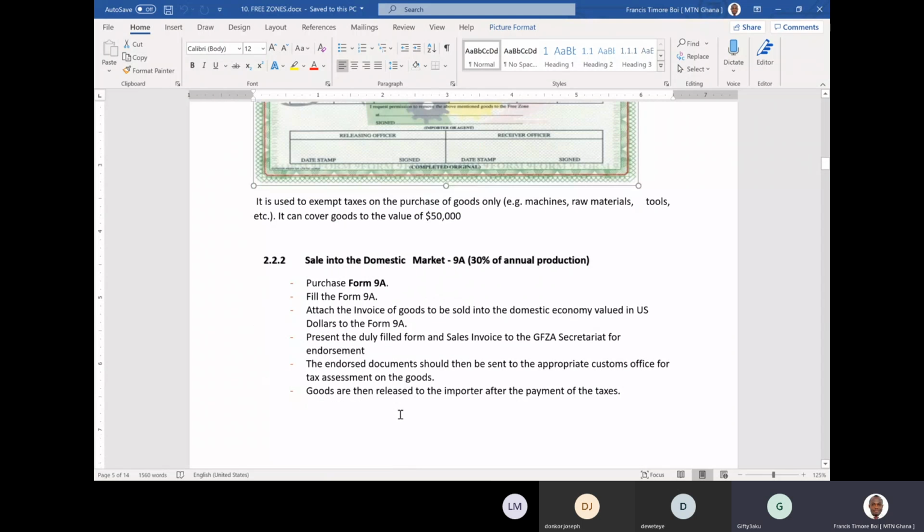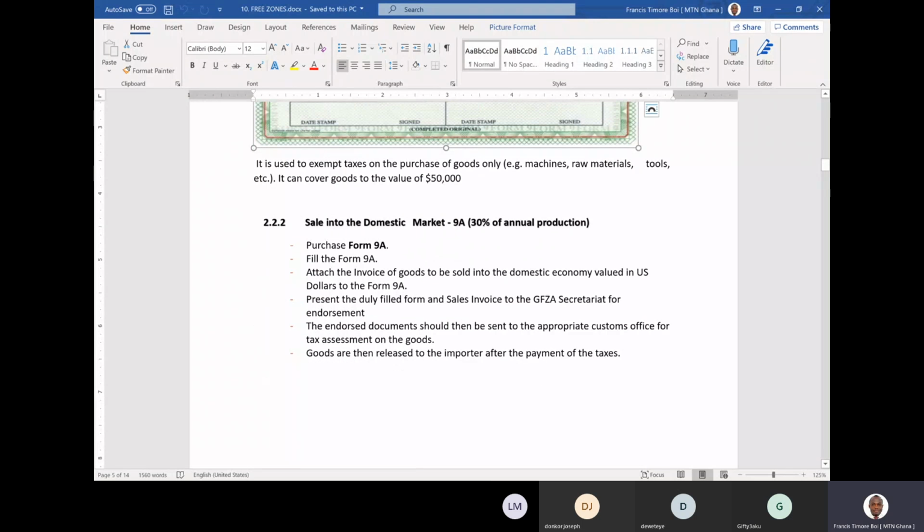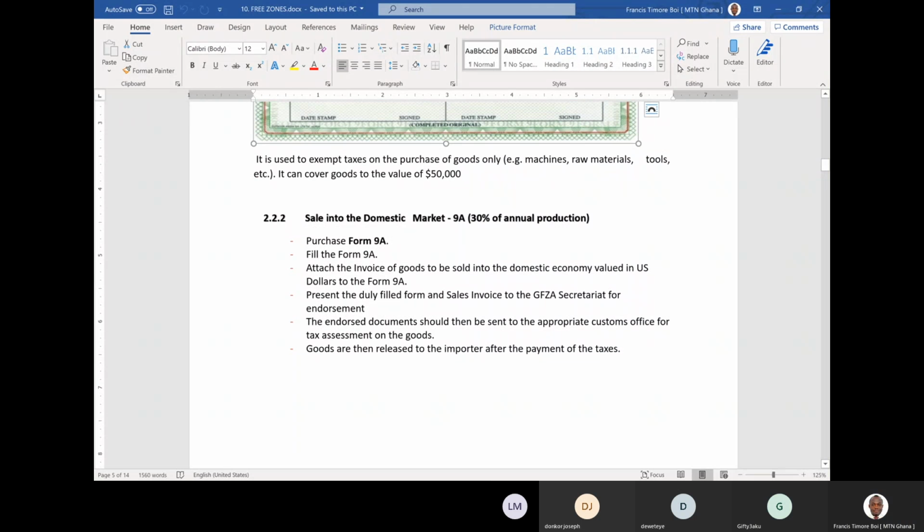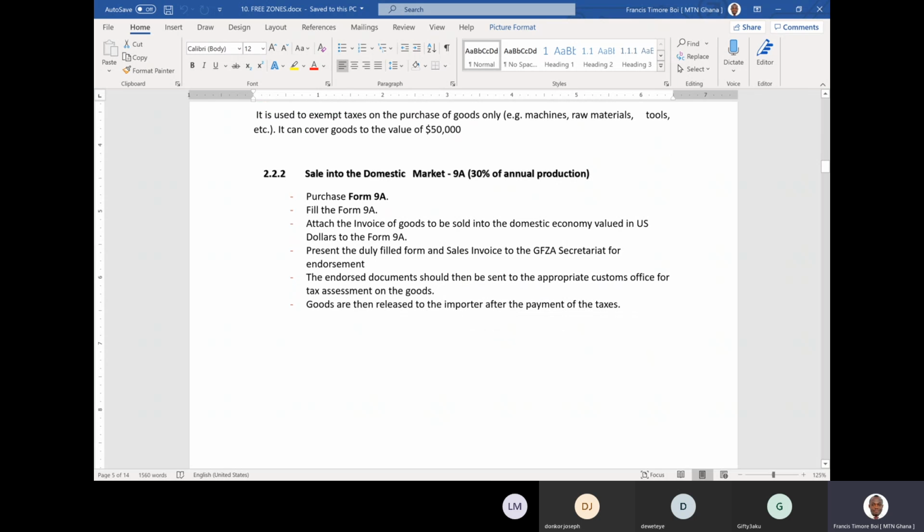Okay. We are also saying that they sell into the domestic market. Is that not it? The 30%. Yes. That one you purchase from 9A. Fill it. Attach the invoice of goods to be sold into the domestic market in US dollars. Present it to the secretariat. They will endorse it.